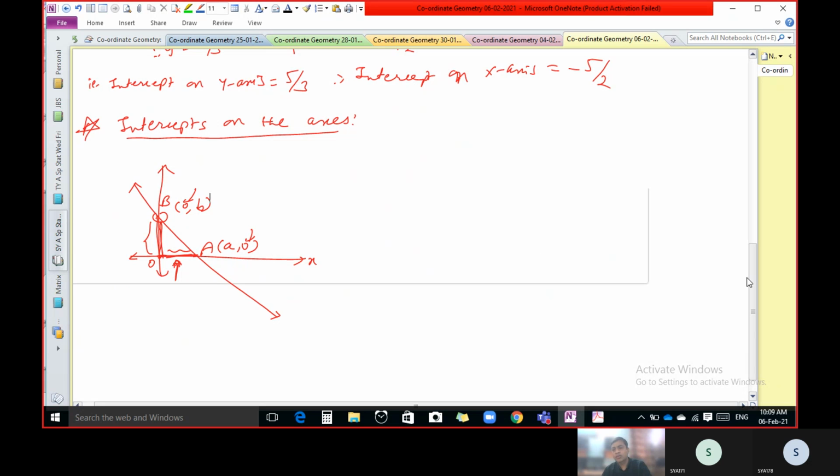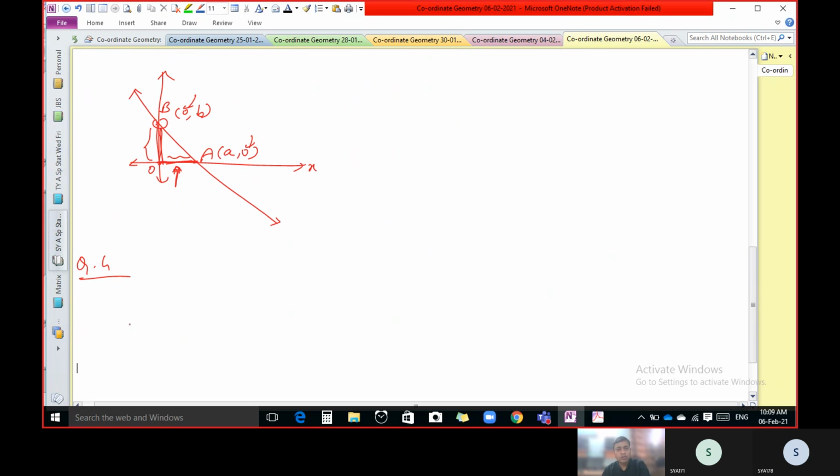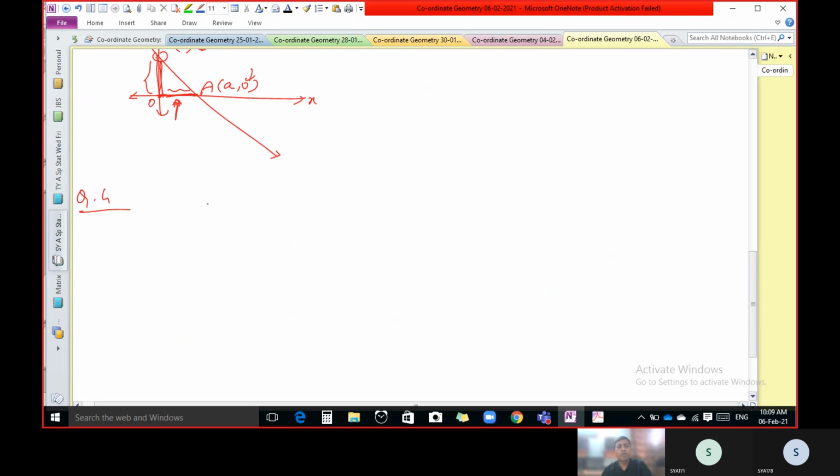Okay, let us discuss one another important question. Question number 4. Now if we have two intercepts and we want to find the equation of a line, how do we find it?